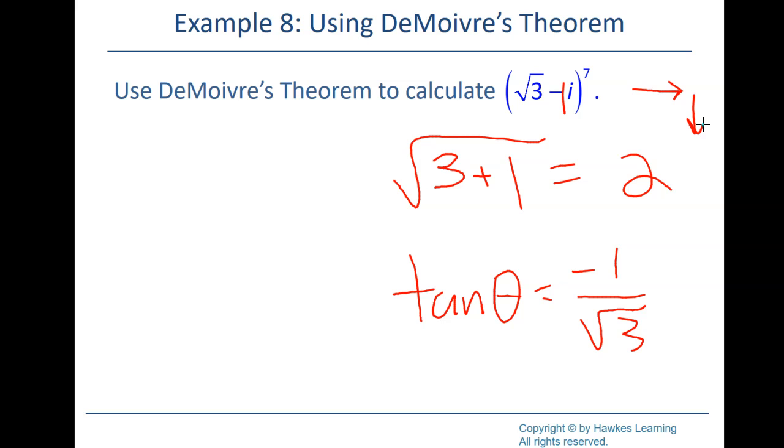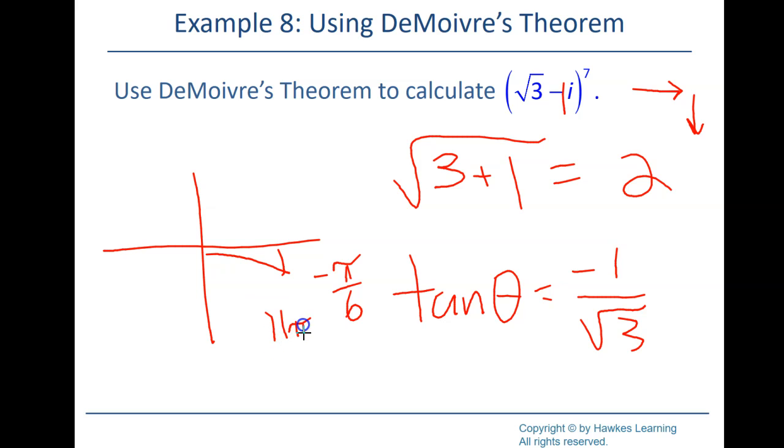So this is quadrant 4. So we're looking for what makes tangent equal to 1 over the square root of 3 down here in quadrant 4, right? So that's going to be negative pi over 6. Or you can think of it as 11 pi over 6. Either way is okay here.